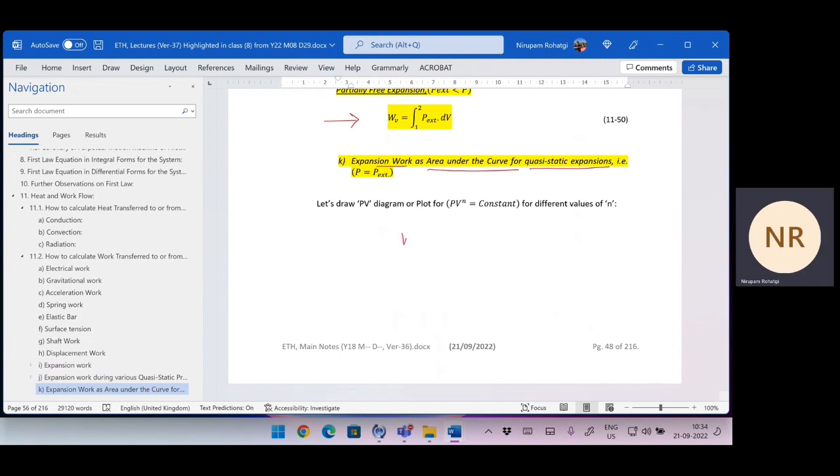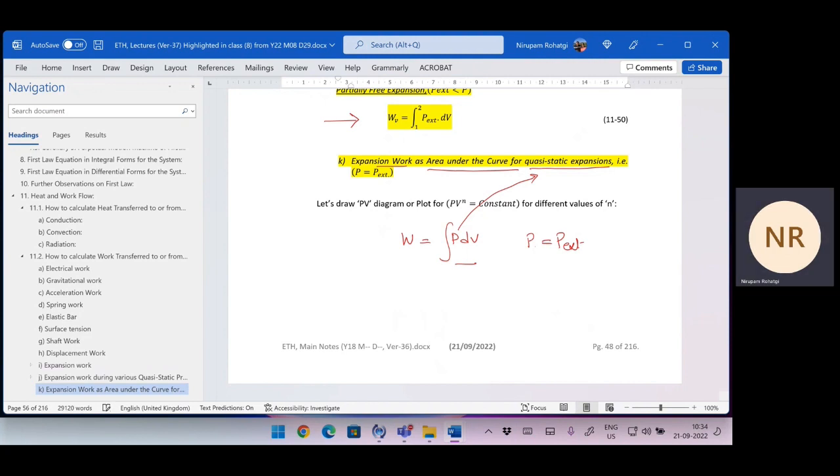In the expansion work we will be talking about PdV, the moment we say it is quasi-static, because here your P is equal to P external. So we are trying to solve this not mathematically or algebraically.